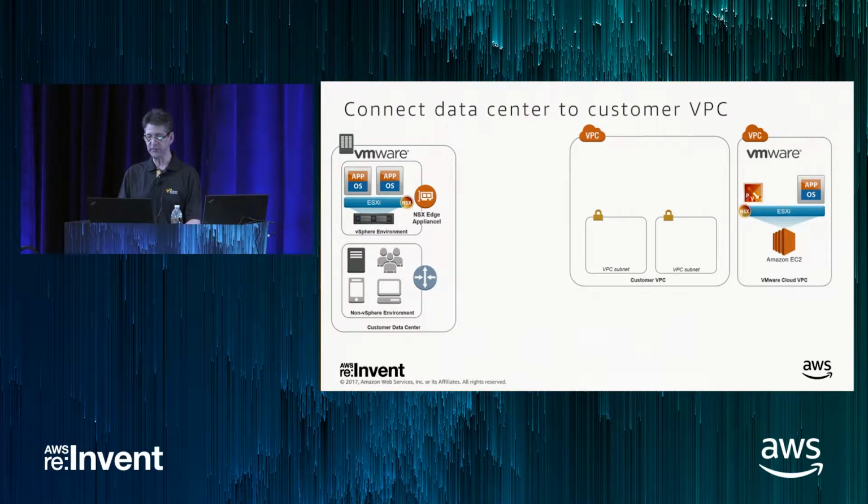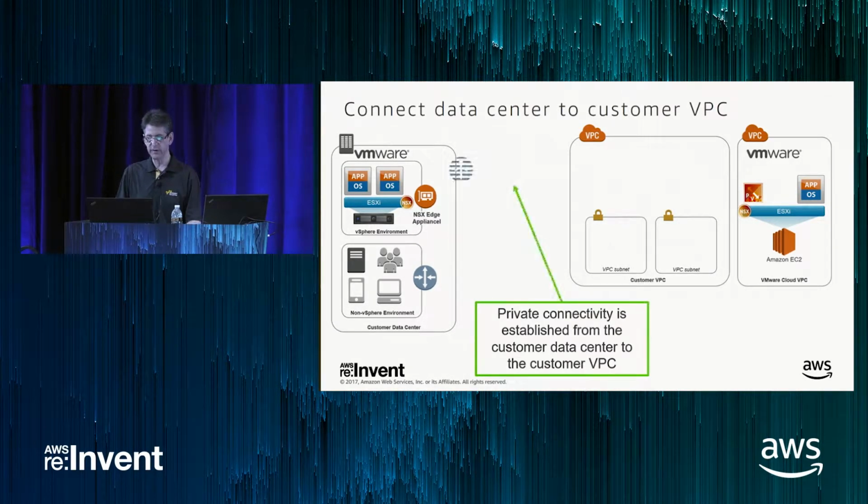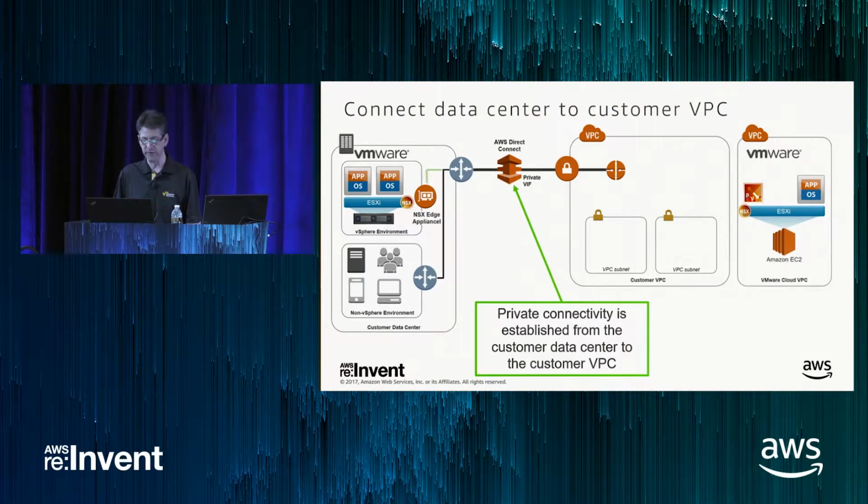So the next question is, how do we connect this Siamese pair twins on the right? How do we connect the VMware Cloud on AWS side with your customer data center on premises? The answer is we establish private connectivity using what you're probably used to on the AWS side.